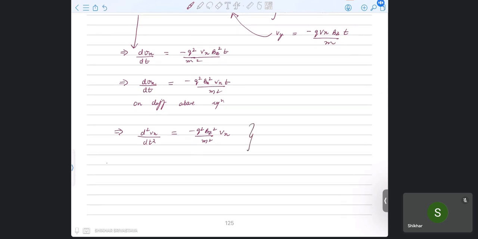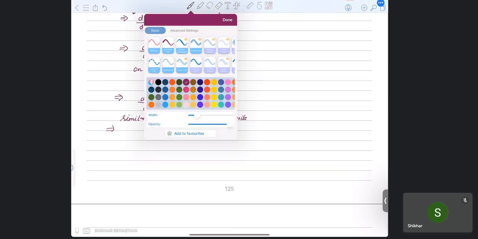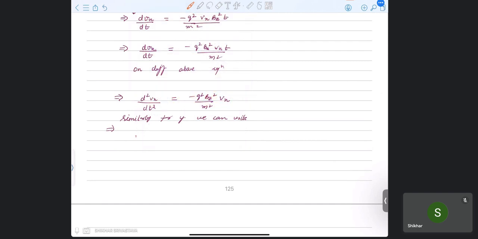Similarly for y we can write d2 vy by dt square is equal to minus q square Bz square vy upon m square.